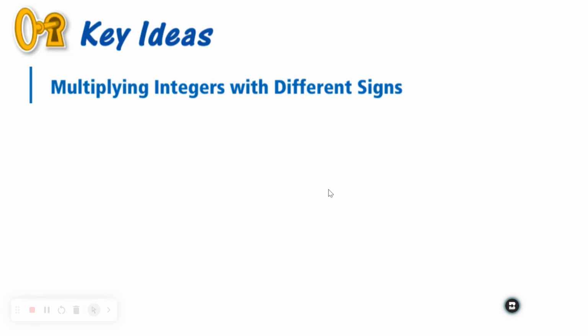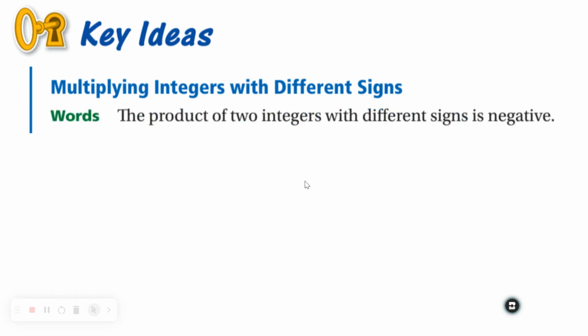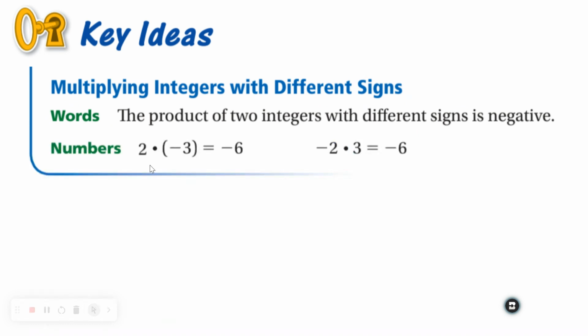Let's talk about multiplying integers with different signs. The product of two integers with different signs is negative. So this is the exact opposite situation. If you have two numbers that have different signs, your answer will be negative. So 2 times -3, one of these is negative.